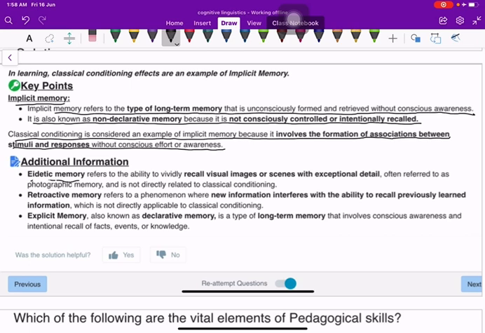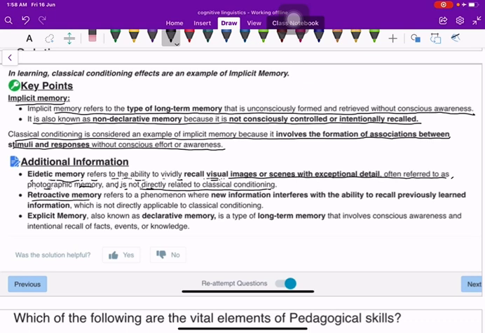Eidetic memory. Eidetic memory refers to the ability to vividly recall visual images or scenes with exceptional details, often referred to as photographic memory, and is not directly related to classical conditioning.